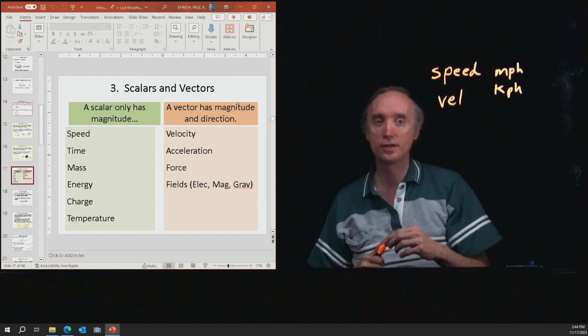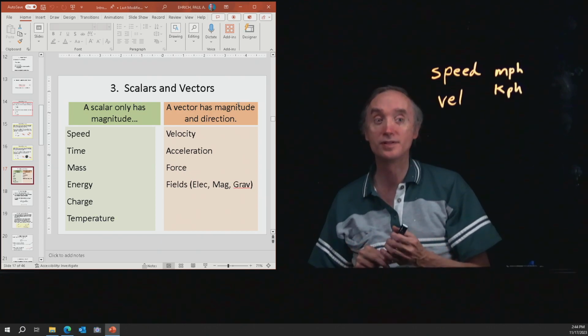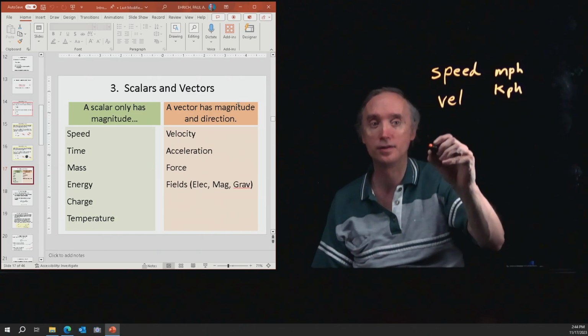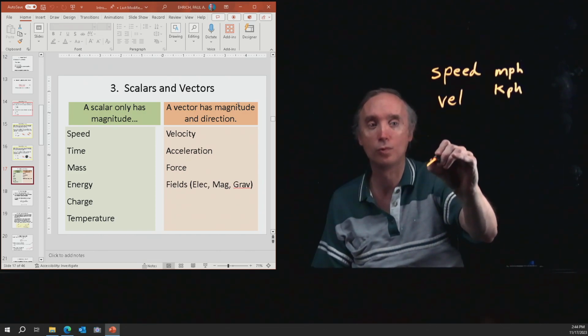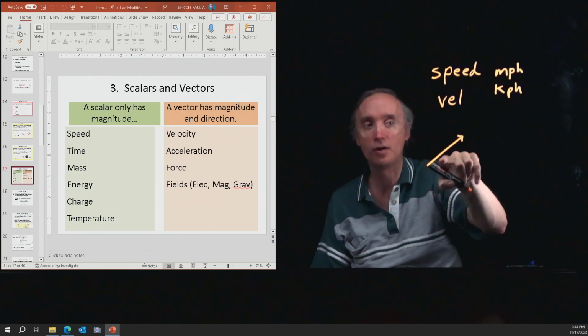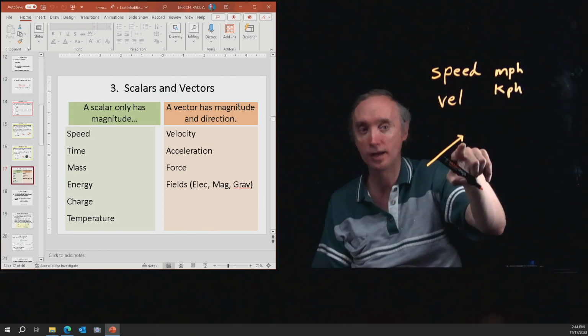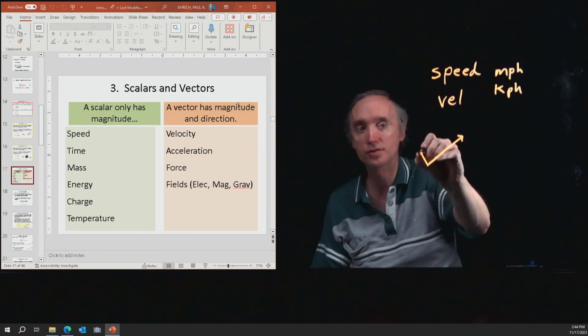Now let's compare these to different kinds of vectors. Take position, or the distance that you travel, which depends on what direction you're going in. You could go this far at a 45-degree angle, or you could go this far.